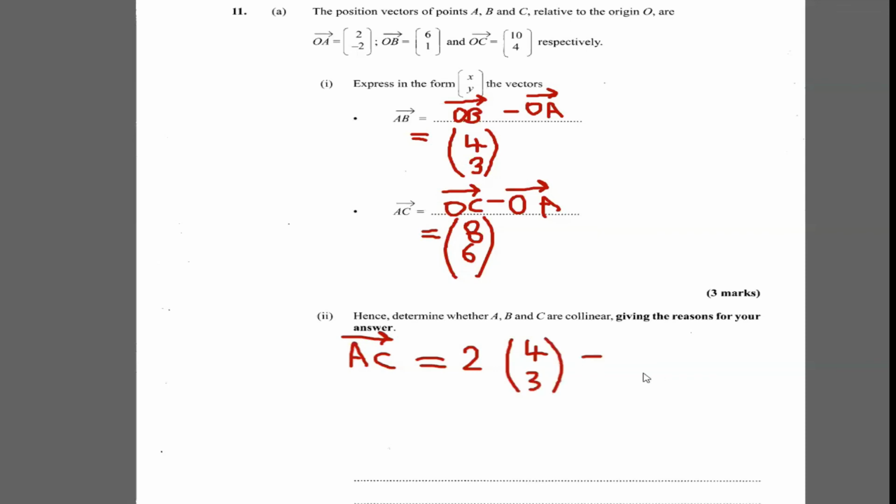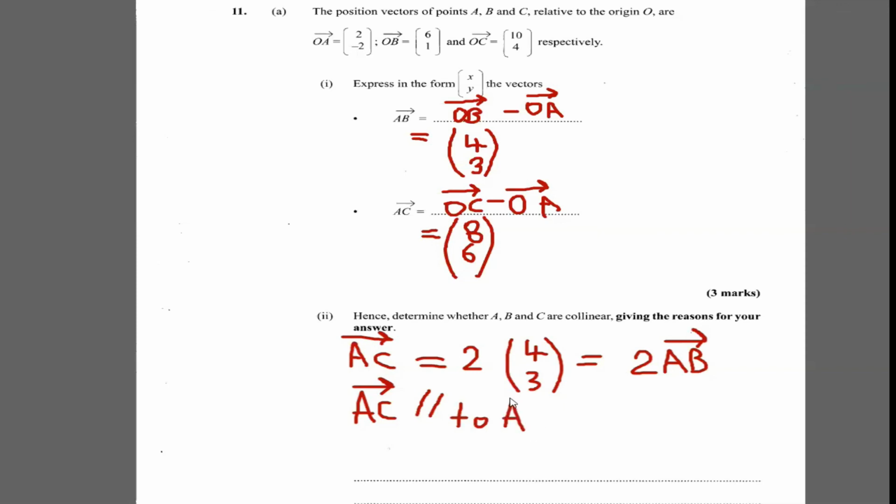So vector AC is equal to 2AB. Since vector AC is 2AB, vector AC is parallel to AB. This is how you write the parallel symbol.